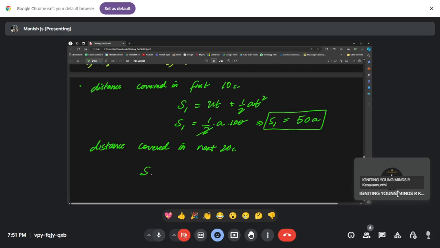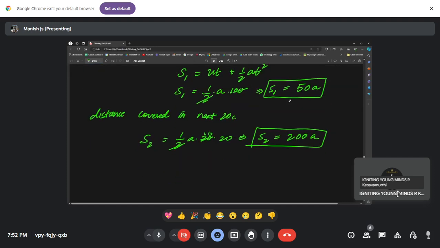And value as, you can write S2 is equal to half A into T squared, which is 20 squared. I can write it as 20 times 20. So cancel it off. So you will get this as S2 equals 200A, right? That is the second equation. Now you need to equate both S1 and S2.